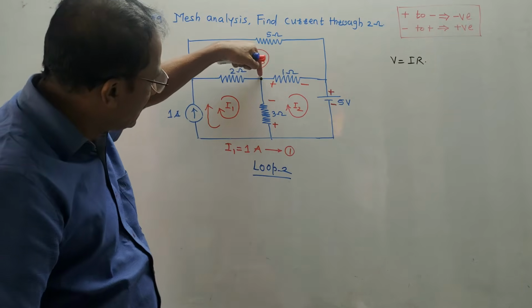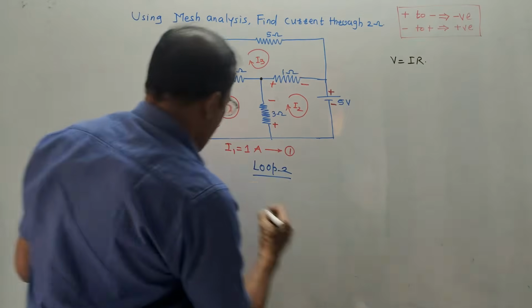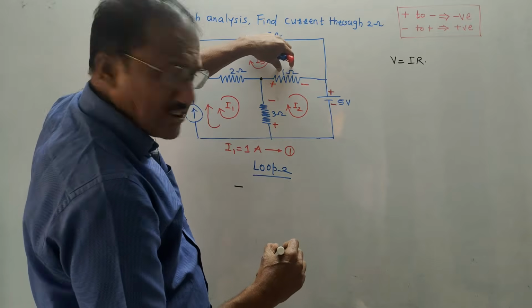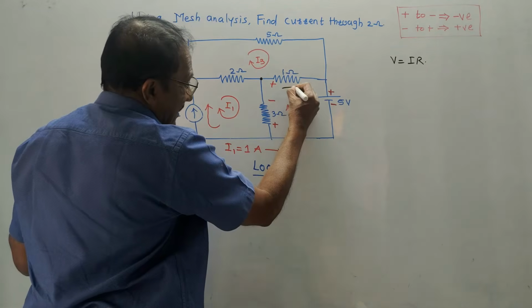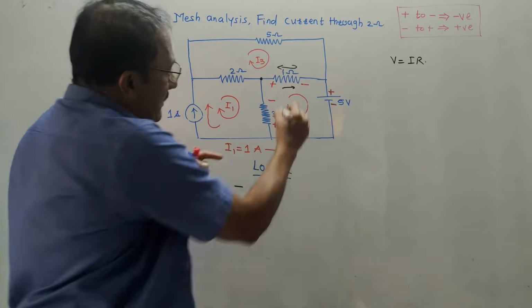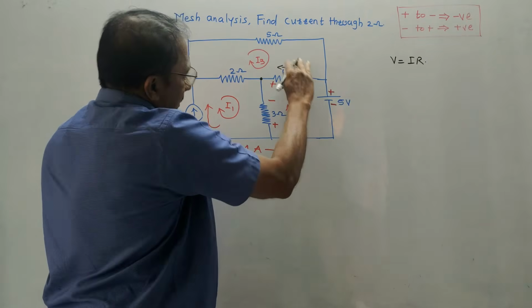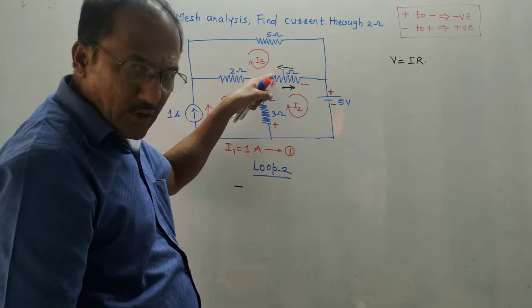If we start from this point, this is plus minus. Plus to minus is minus, so first I will write a minus sign, just looking at the polarity. The value of resistance is 1 and the current passing through this is I2 as well as I3. But these two currents are in opposite direction. So I2 is from left to right, I3 is from right to left.